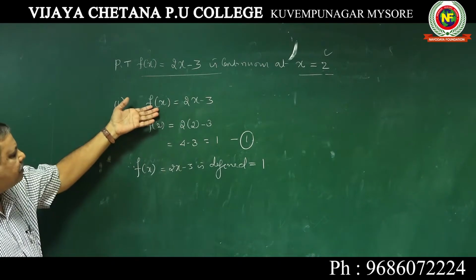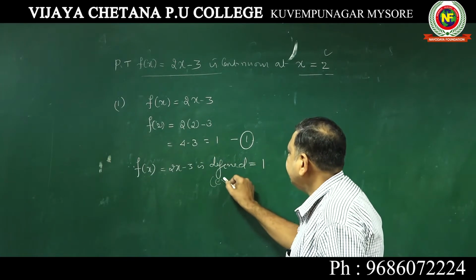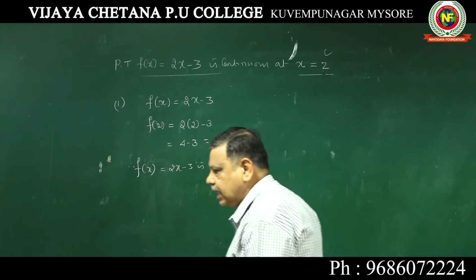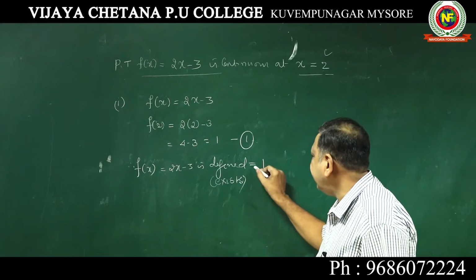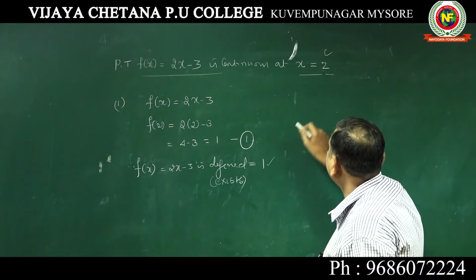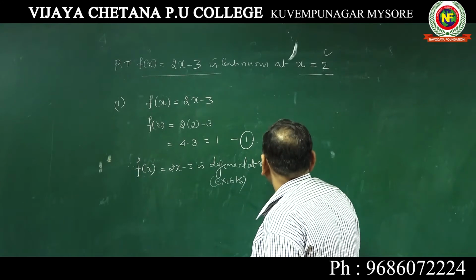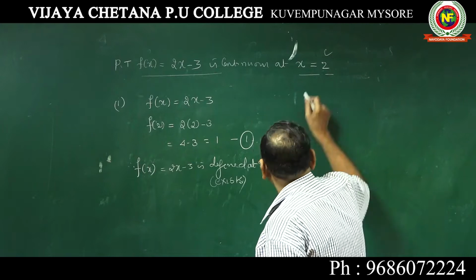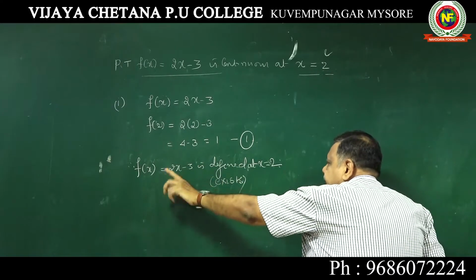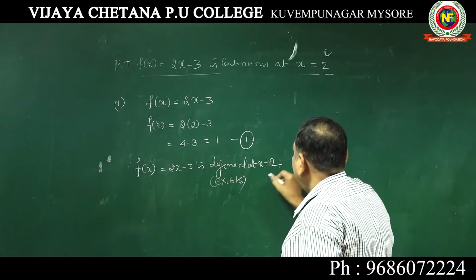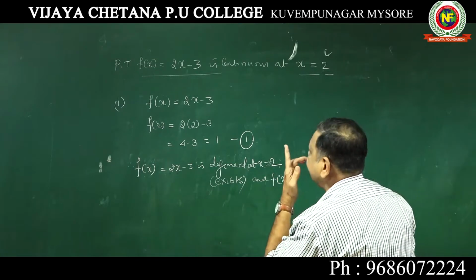You can say that f of x equal to 2x minus 3 is defined at x equal to 2, because this is the continuity point, and f of 2 is 1.